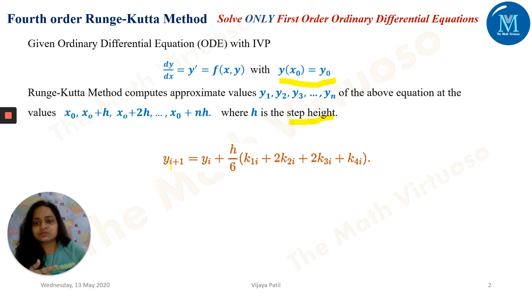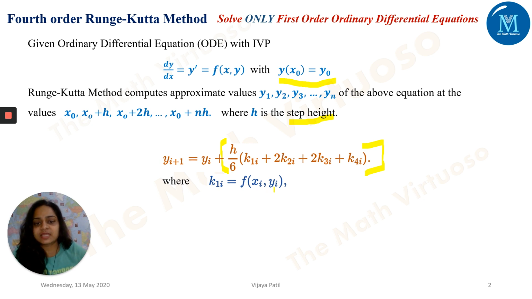So y(i+1) is equal to yi plus something, which is a small increment. The next value of y depends upon the previous value of y, and therefore, what are those ki's?